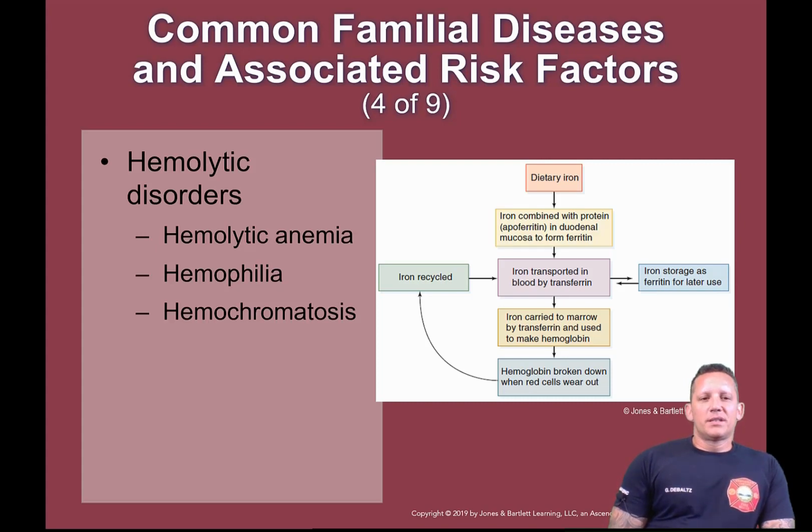Hemolytic disorders: hemolytic anemia, hemophilia, and hemochromatosis. Take a look at the way that this all works. You guys should read all three of these in your book, and you can see the pictogram and the stages in which all of this interacts.